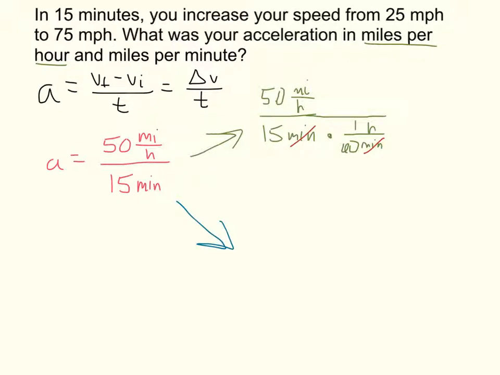I'm going to figure out what is 15 divided by 60. A lot of you guys, without doing this step, can figure out 15 minutes is 0.25 hours simply by looking at a clock and noticing that that clock is exactly 1/4 when you have a 15-minute mark.